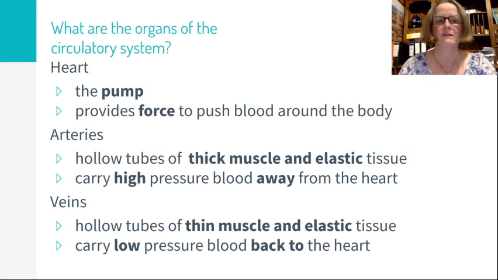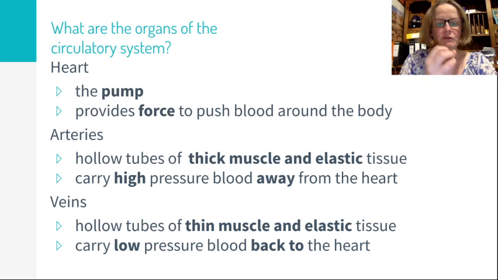So what are the organs of the circulatory system? You're probably aware of the heart. That is the pump, providing the force to push blood around the body. The arteries are tubes made of muscle and elastic tissue, and they carry high pressure blood away from the heart. So the heart has just pumped, forcing that blood into the arteries.